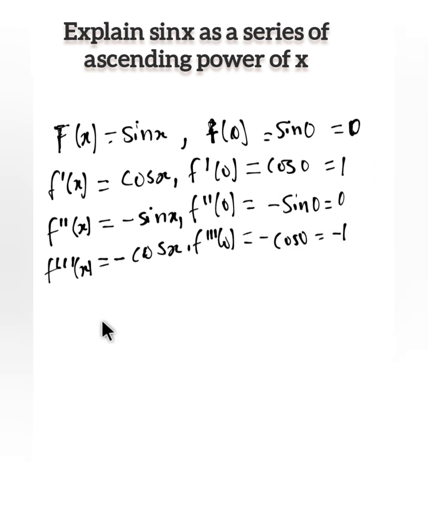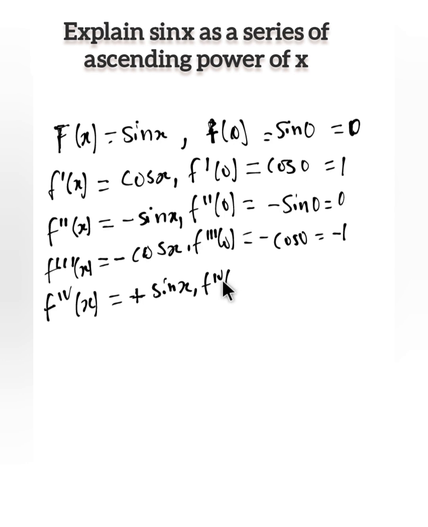Let's proceed. Now the fourth derivative of x is equal to, so we need to differentiate this one here. We take our minus sign down. If we differentiate cos x, it gives us minus sine x. Of course, minus times minus gives us plus, so it becomes positive.